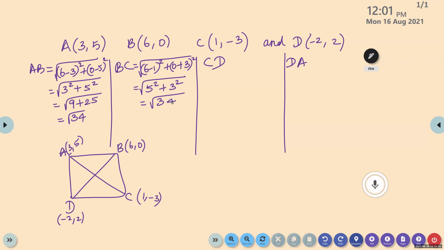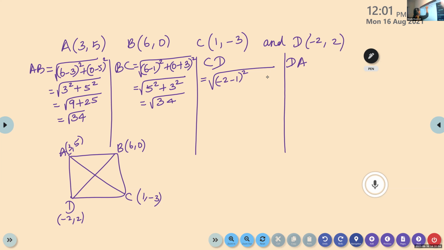Emil, can you calculate and give me CD? Yes, ma'am. CD: (-2 minus 1) whole square plus (2 minus of -3) whole square.